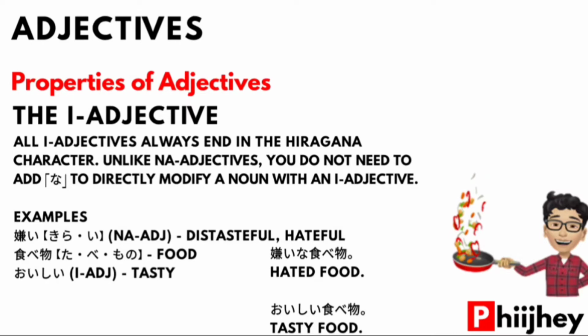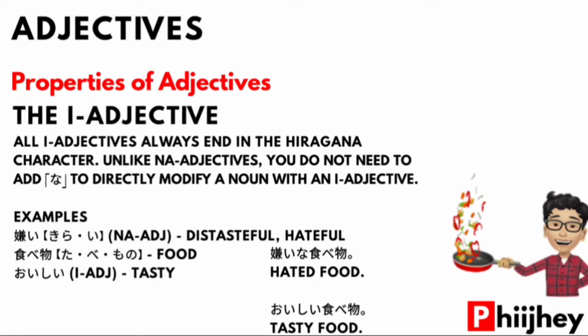The whole point of the i-adjective is to allow conjugations without changing the kanji. With an i-adjective, and unlike with a na-adjective, you do not need to add na to directly modify a noun. For example, the na-adjective kirai, meaning distasteful or hateful.